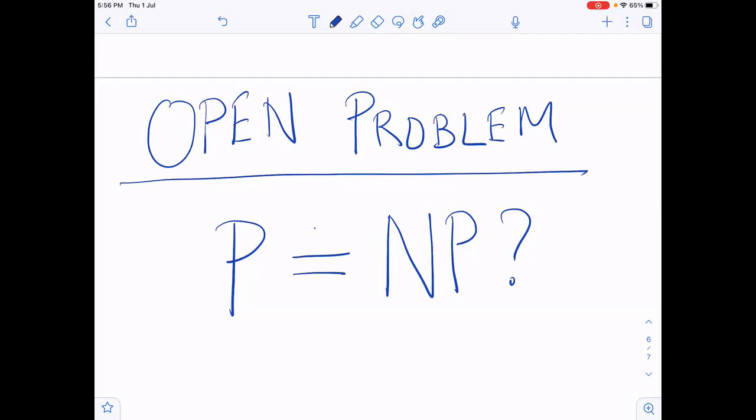If I just want to give a teaser, we also know that all the modern technology, all the modern mathematical tools that we have in our hand, none of them will be sufficient to prove P not equal to NP.